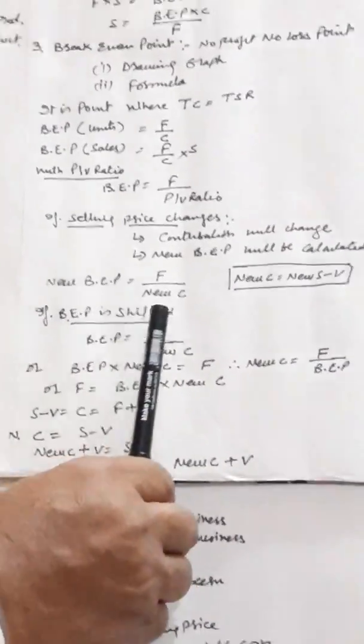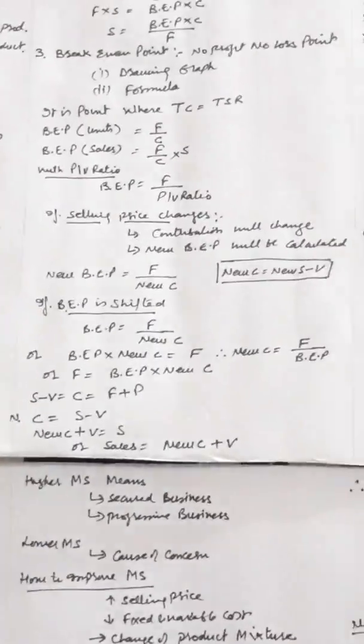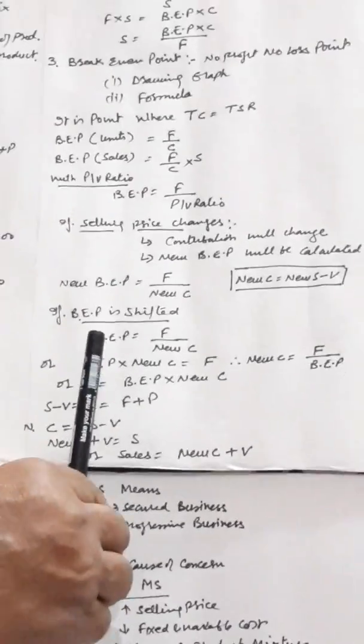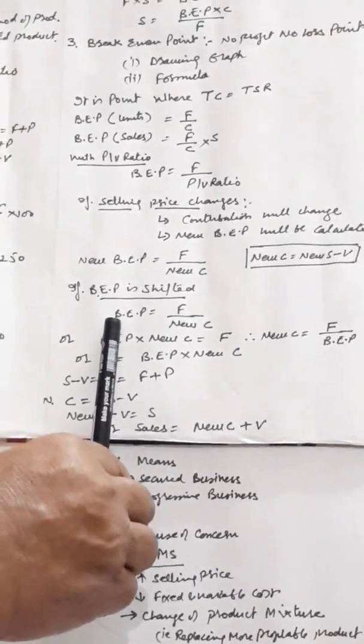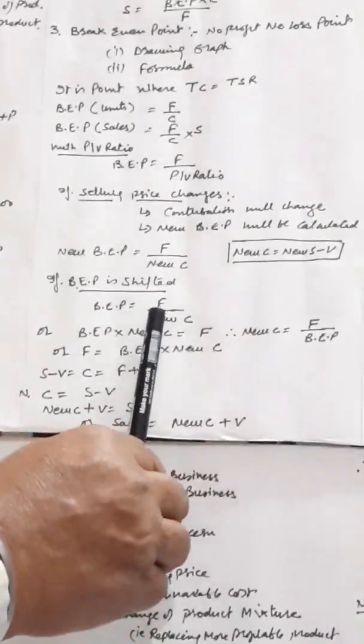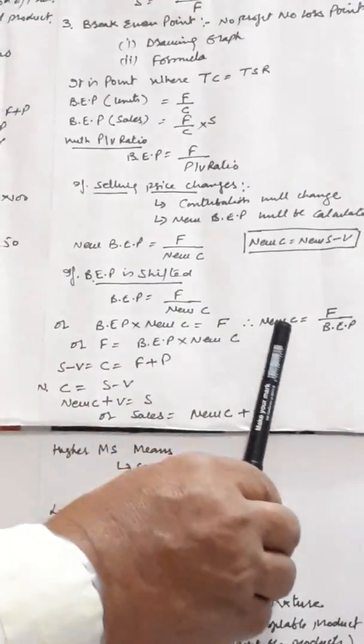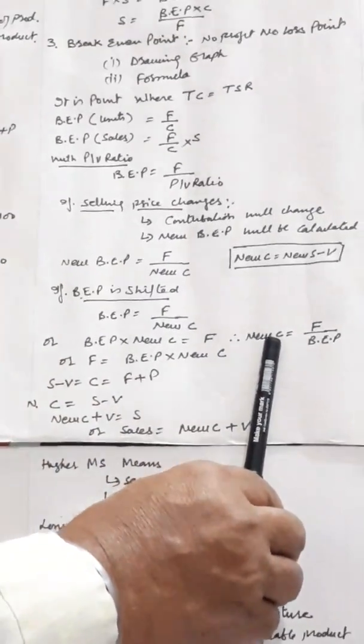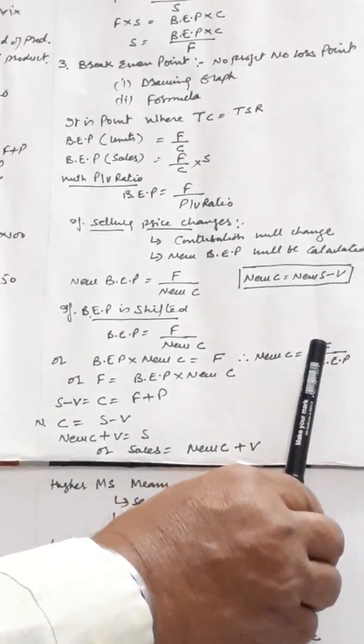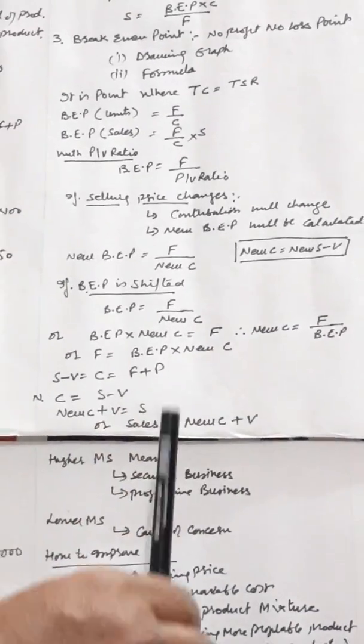Now if break-even point is shifted, then the formula of break-even point will be rewritten as F upon new contribution, or new contribution is equal to F upon break-even point.